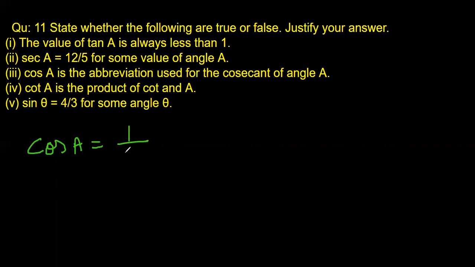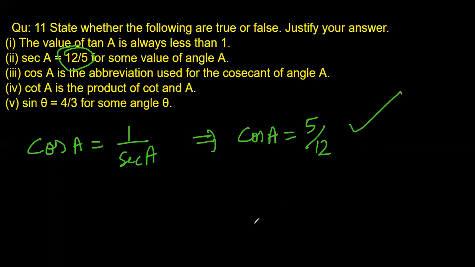Cos A is 1 by sec A. This means our cos A would be the reciprocal of 12 by 5, which is 5 by 12. It looks like this is fine, because how do we define cos? Cos A is adjacent side divided by hypotenuse, and the numerator is smaller than the denominator. So we can make a right angle triangle where hypotenuse is 12 and adjacent side is 5. In that case, our sec A would be 12 by 5.